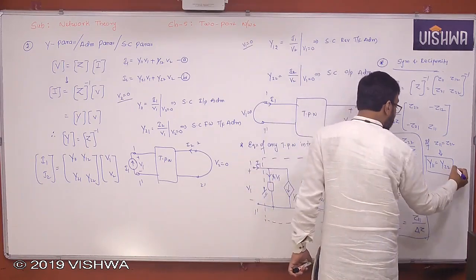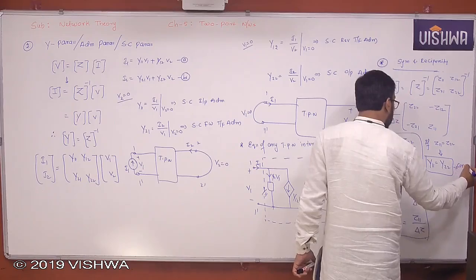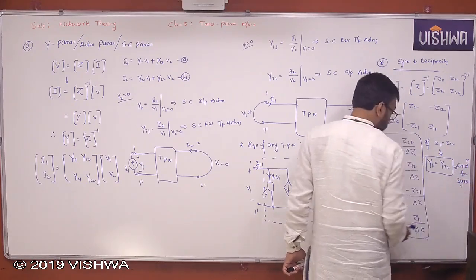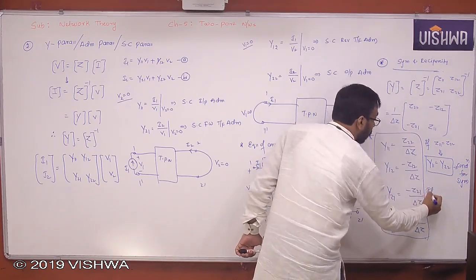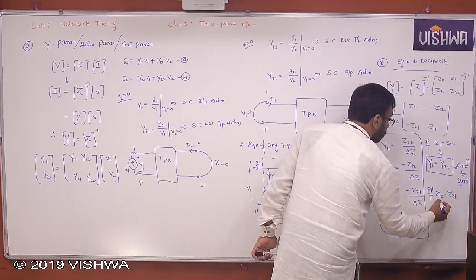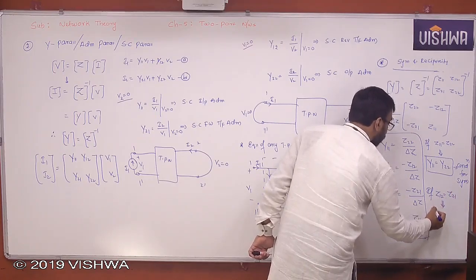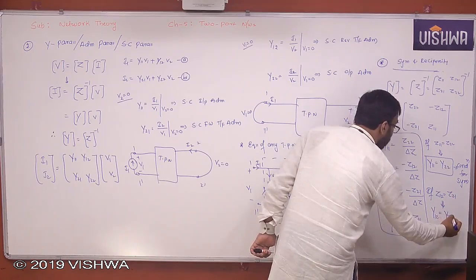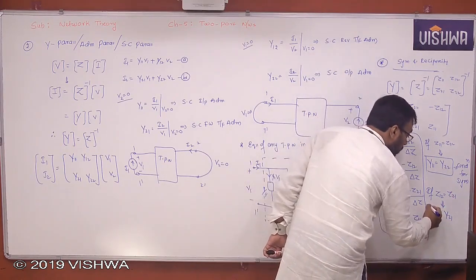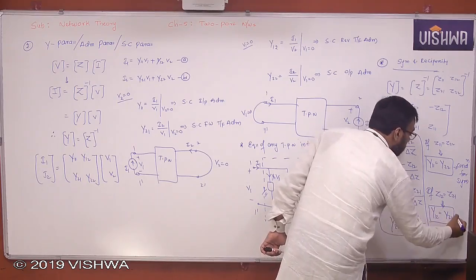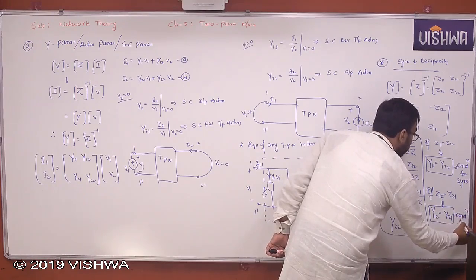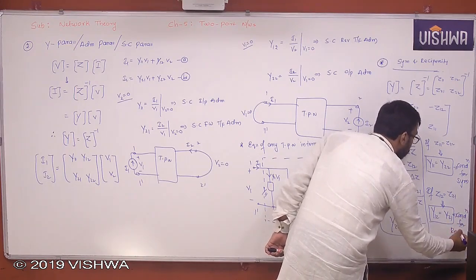Therefore, this is nothing but the condition for symmetry. If Z12 is equal to Z21, it becomes Y12 is equal to Y21. Check here. Y12 is equal to Y21. Then it's nothing but the condition for reciprocity.